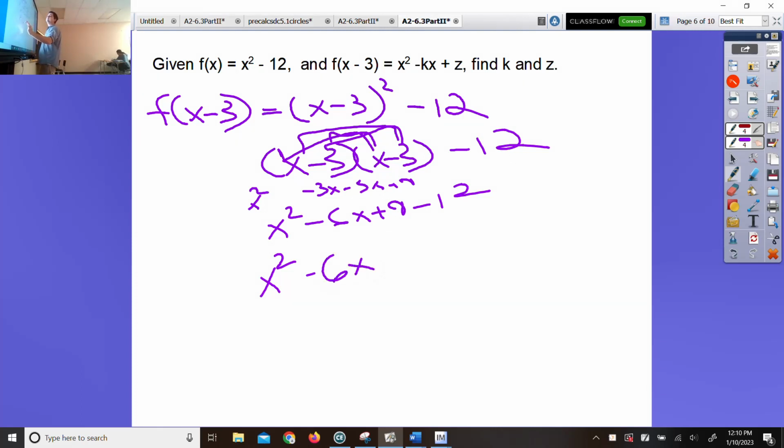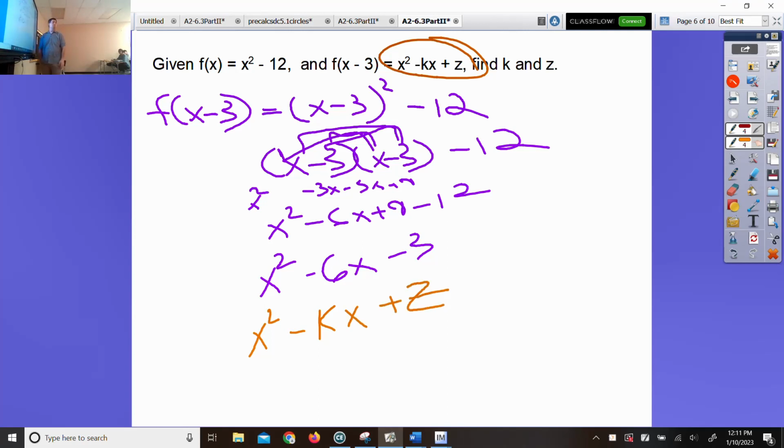How does that help? It helps if you're a little bit intuitive. I teach this a lot throughout the course of the year. It's a lineup process. Take the original function, or take the answer, kind of, and write it right underneath it. Looks to me like K and Z line up perfectly.